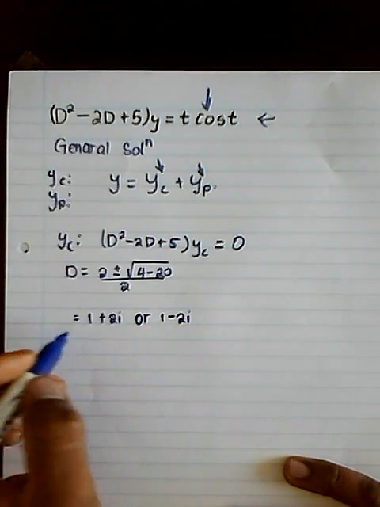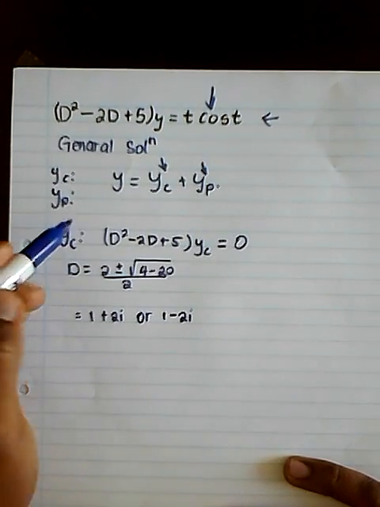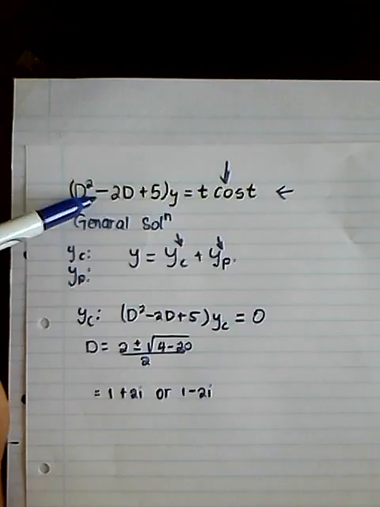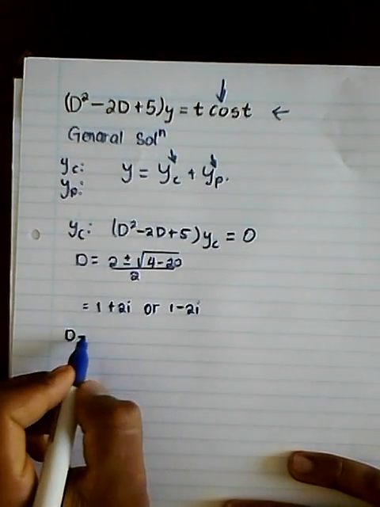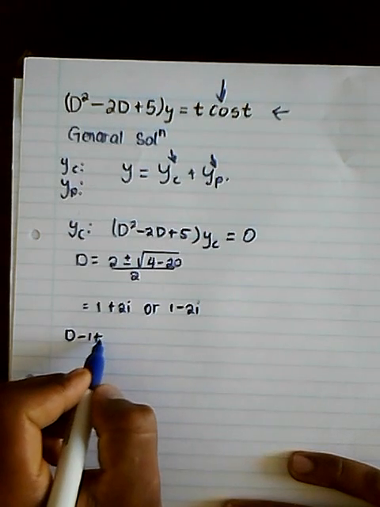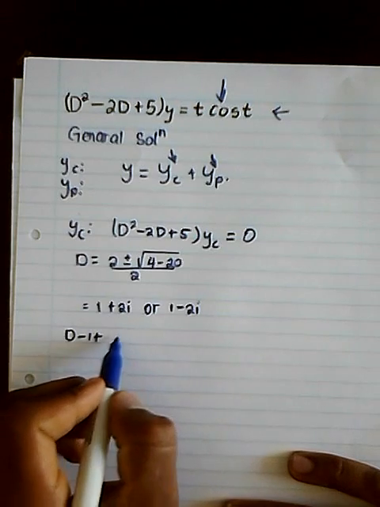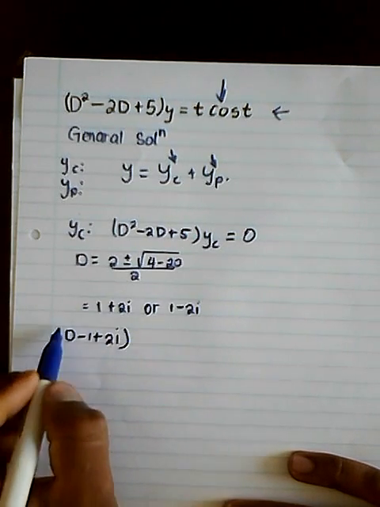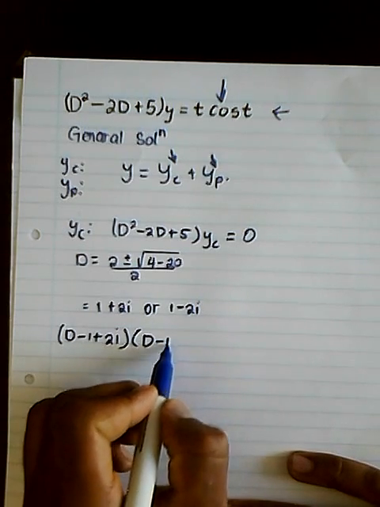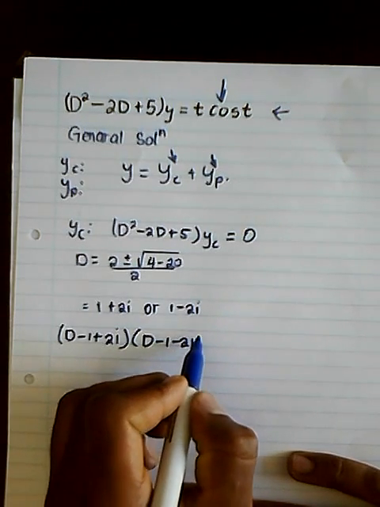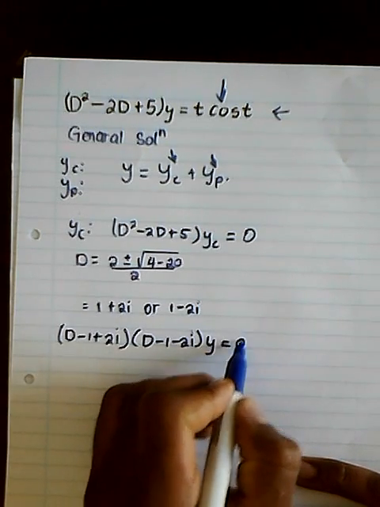Okay, so that means we can write the factorization of this as d minus 1 plus 2i multiplied by d minus 1 minus 2i, y is equal to 0.